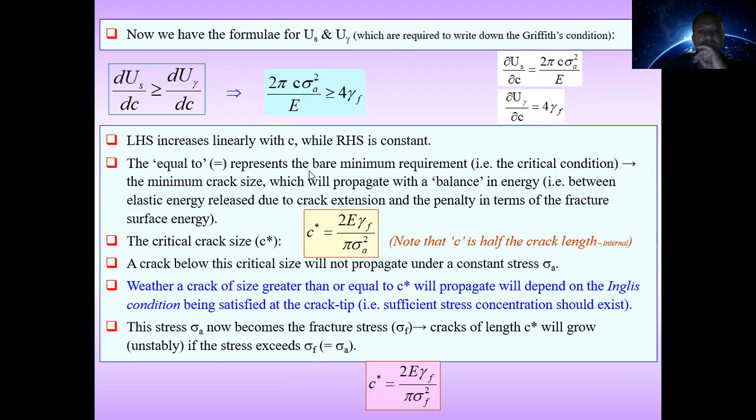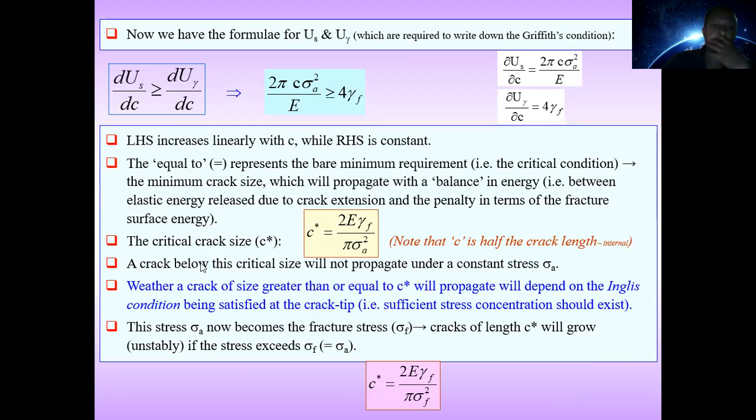The equality represents the bare minimum requirement, the critical condition. That means the minimum crack size which will propagate with a balance in energy, that is, between the elastic energy release due to crack extension and the penalty in terms of the fracture surface energy.